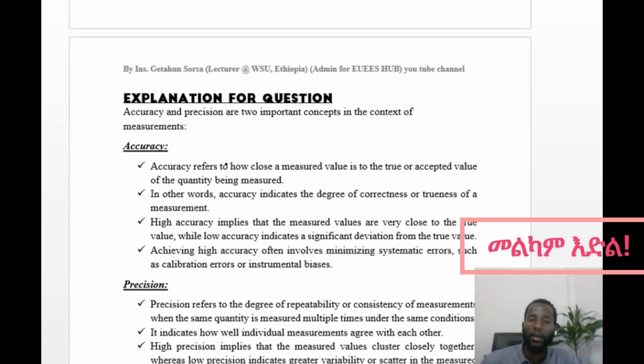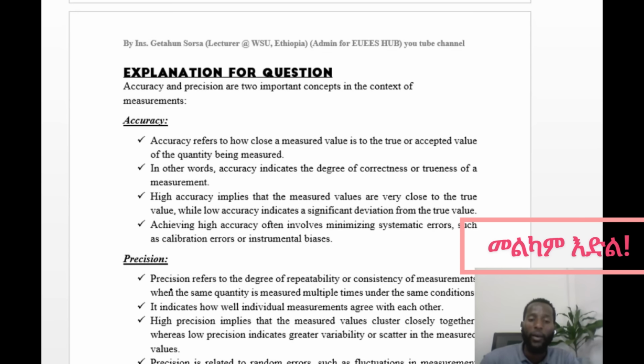In experimental analysis, accuracy and precision are two important concepts in the context of measurement. Accuracy refers to how close a measured value is to the true or accepted value of the quantity being measured. So we have a target, or the true value, and when the measured value is close to the true value, we call it accuracy.